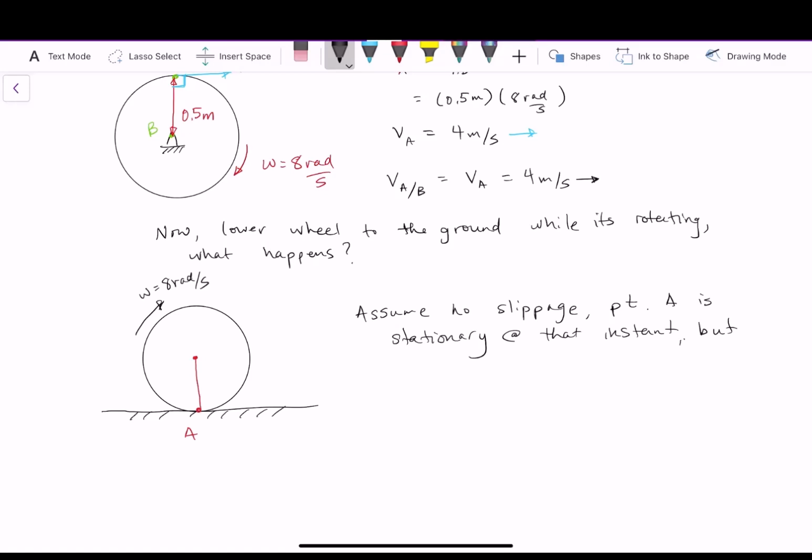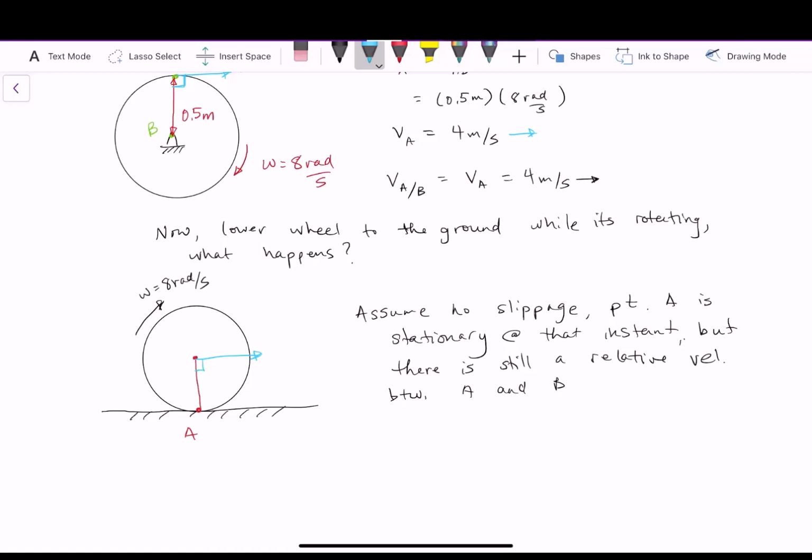However, even though that point appears to be stationary, there is still a relative velocity between A and B. And that relative velocity, again, is going to be at a right angle.